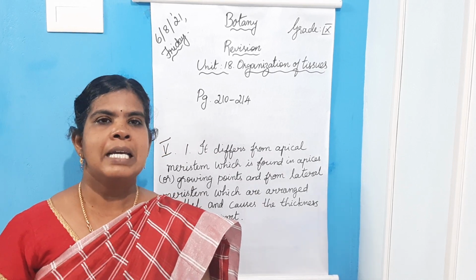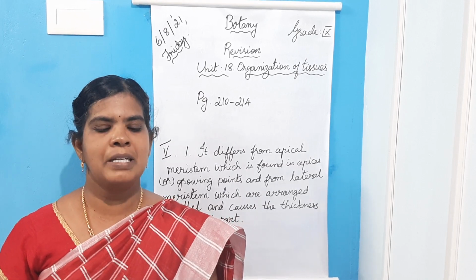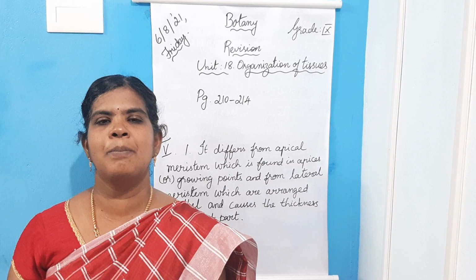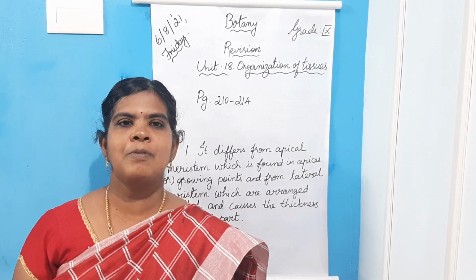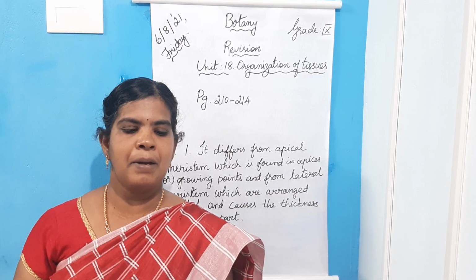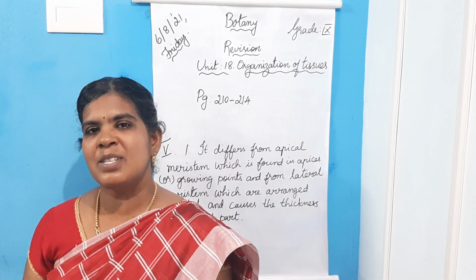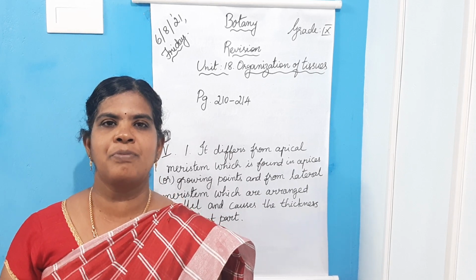Next question. Explain the types of meristems based on the position in the plant body. On the basis of their position in the plant, meristems are of three types.